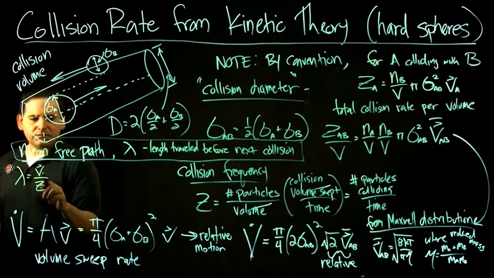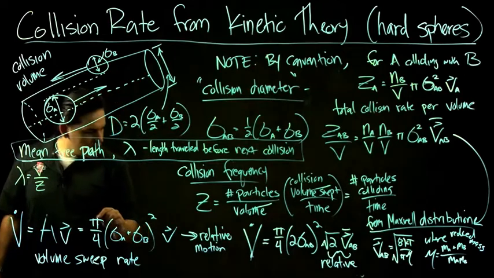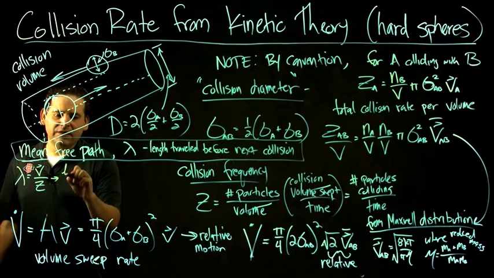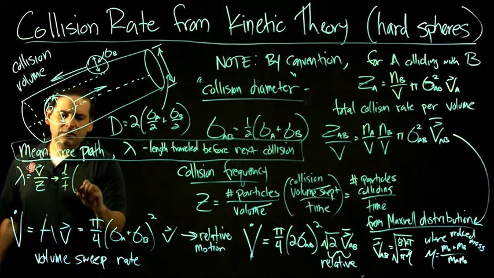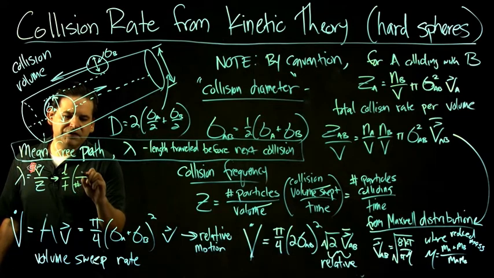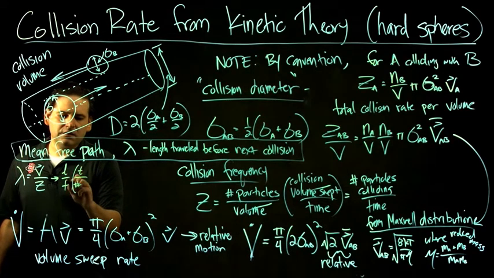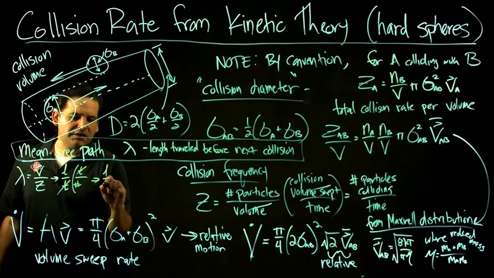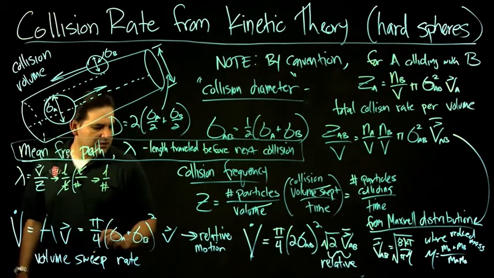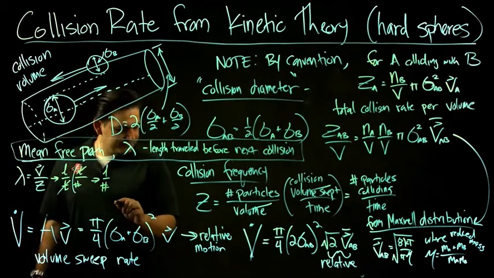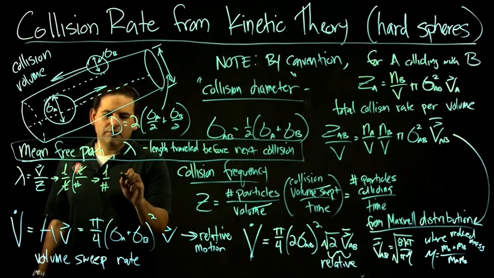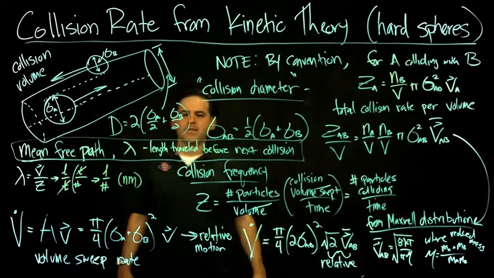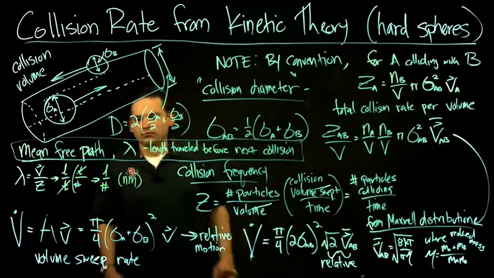So this is the distance per time, length per time, divided by number of collisions per time. So the time cancels out. That gives you length of distance traveled per collision. And typically, the scale of this distance is nanometers. Okay.